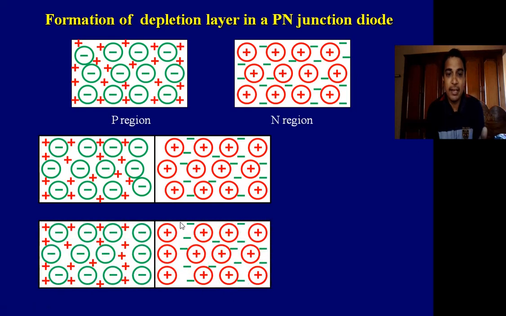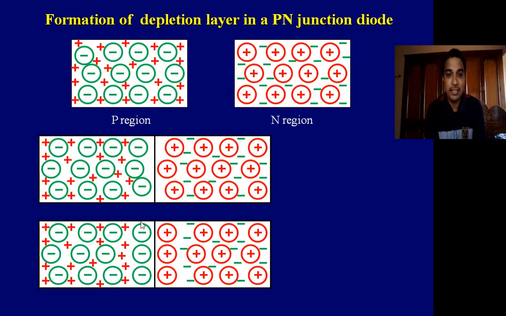In the final stage, after all the recombinations, a small layer is formed. This layer will act as a barrier to stop further recombination of the electrons and holes.